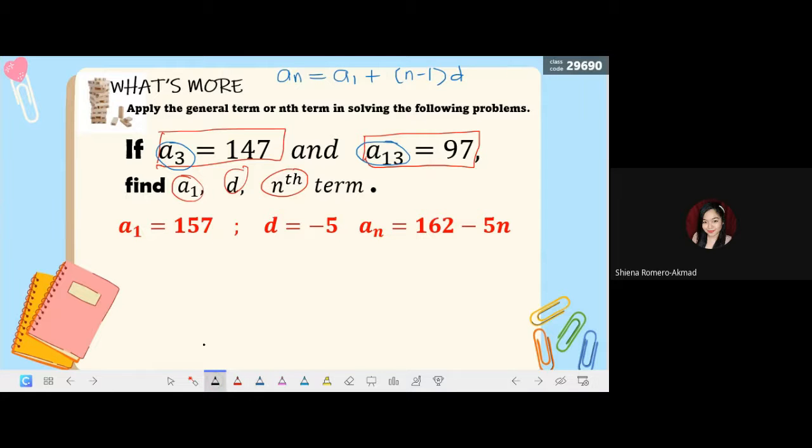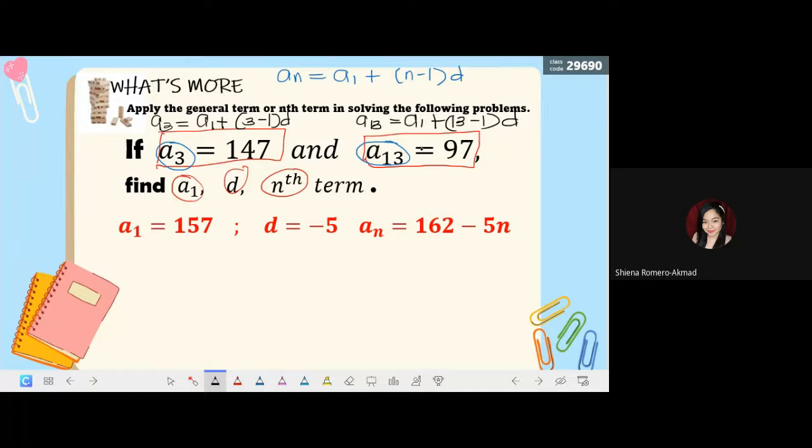So, magiging a sub 3 is equal to a sub 1 plus 3 minus 1 times d. Ito naman, ganun din. A sub 13 equals a sub 1 plus 13 minus 1 times d.